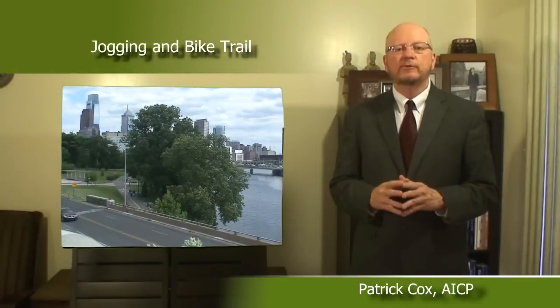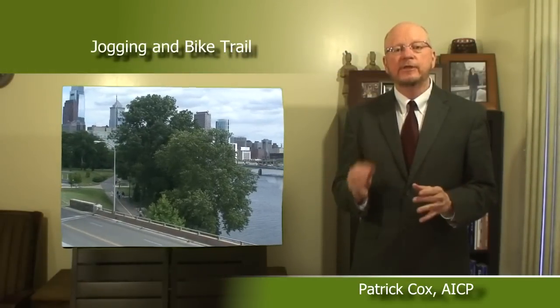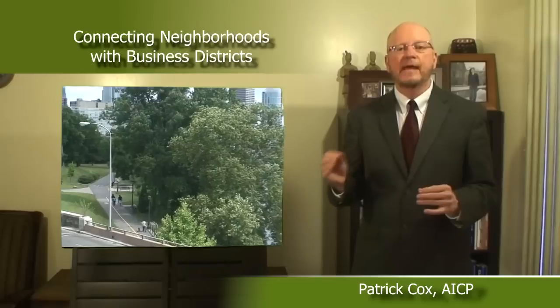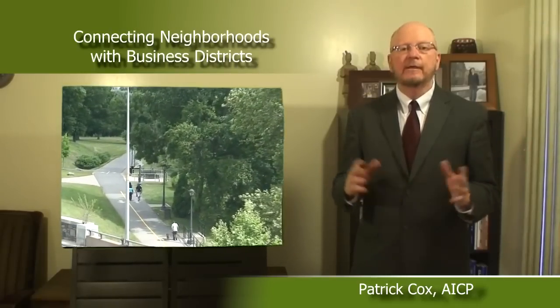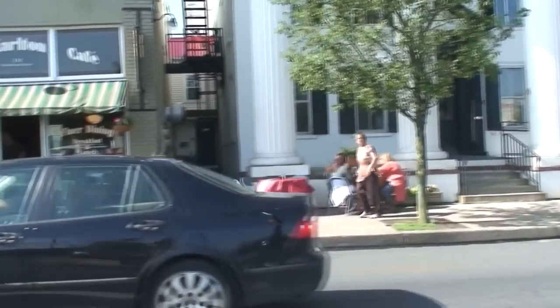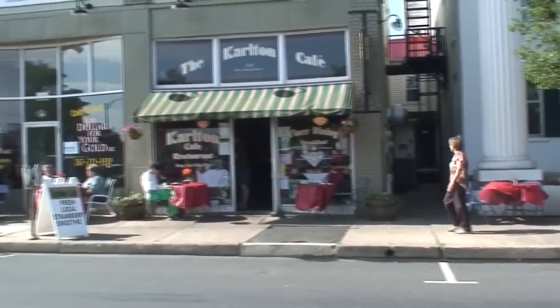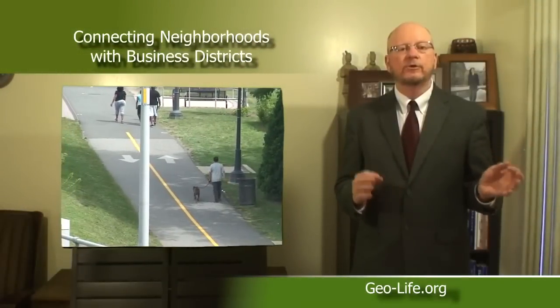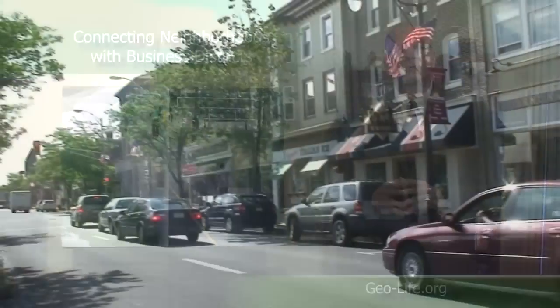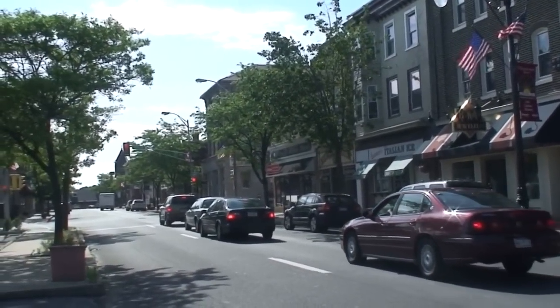Also, a good waterway restoration plan will include a jogging and bike trail to connect neighborhoods outside of the city with business districts downtown. The more people use these trails, the less they use their cars, and the less CO2 is emitted to the atmosphere.